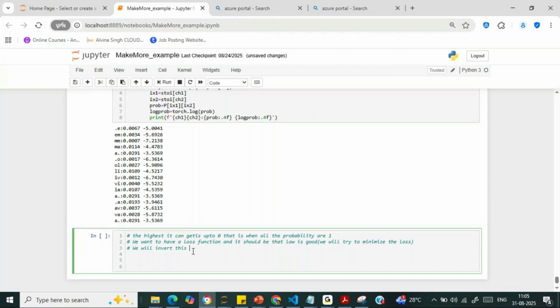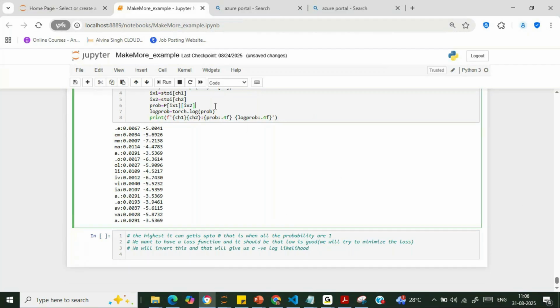So we will invert this, and that will give us a negative log likelihood. Just have a look over here. Negative log likelihood.